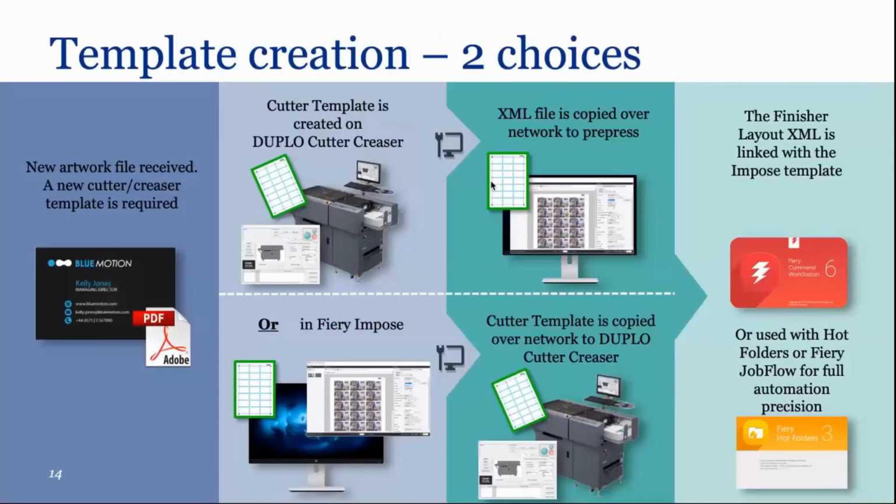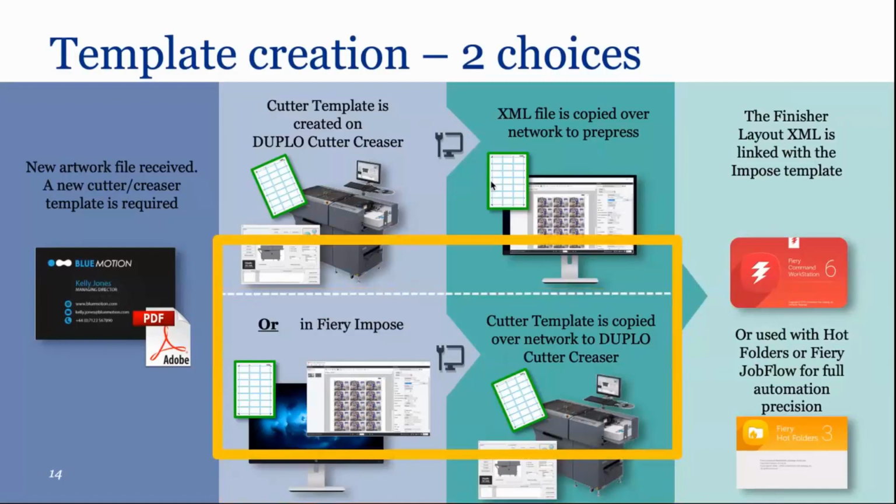So when it comes to template creation, there are two choices for DUPLO's slitter cutter creaser finishers. In the first part of the presentation, we covered the choice of using a template-based workflow. This is where the template is created, and then it is matched with a template set on the DUPLO cutter creaser.